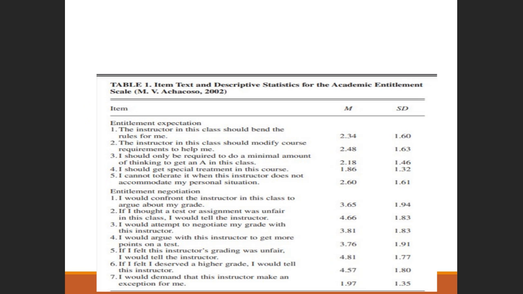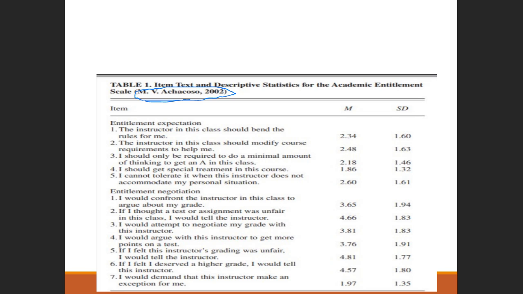But luckily, there are 12 questions given in one of the tables of this paper. They have again cited the source in the table as well. These are the 12 items which are used to measure academic entitlement. So now we can copy these questions to our questionnaire and make necessary modifications if required, and any modification in wording shall be made logically.